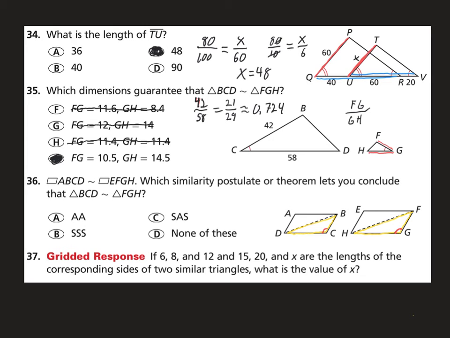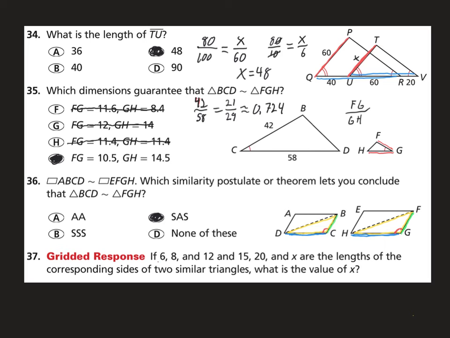Then also all their corresponding sides have the same proportion. So those two there will have the same ratio as this one here. They are proportional. And so because of that, it will be side angle side.